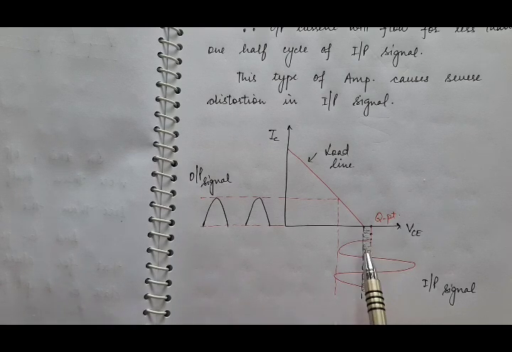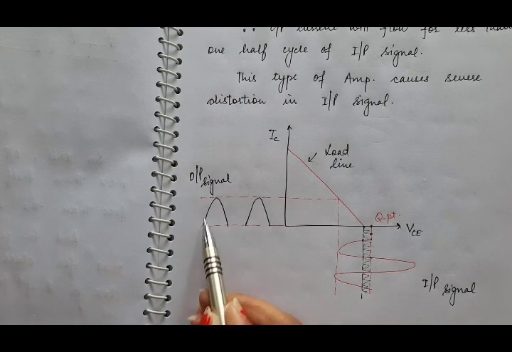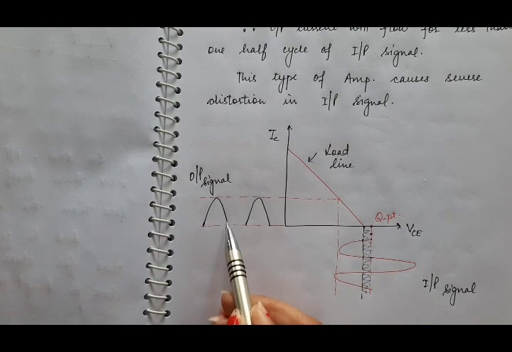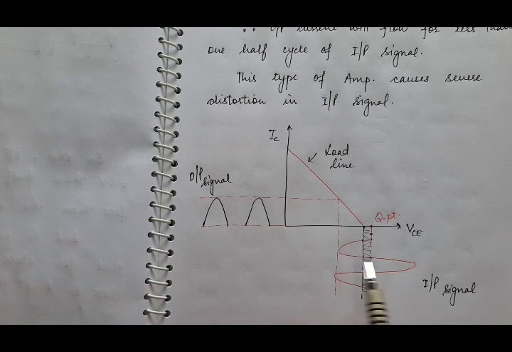But output current flows only from this point to this point corresponding to this input signal. It means this output current will flow only for the time less than 1/2 cycle of the input signal.